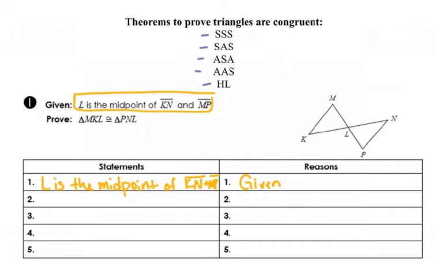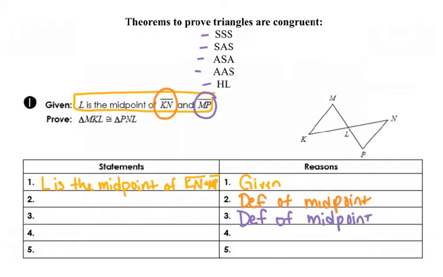Okay, so I know that I'm going to be using the definition of midpoint twice, because notice it gives me two different statements. I'm going to use the definition of midpoint for the fact that it's the midpoint of KN. And then I also know I'm going to be using the definition of midpoint for the fact that it's the midpoint of MP.